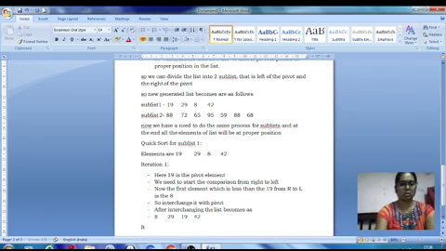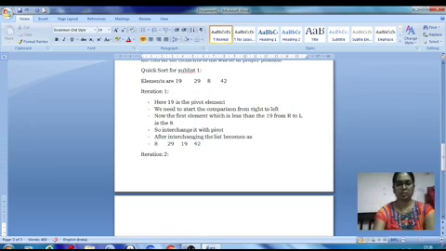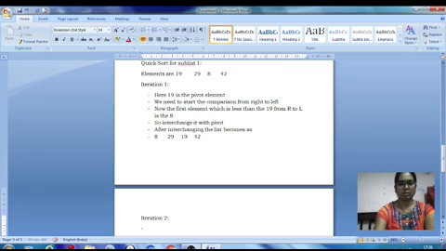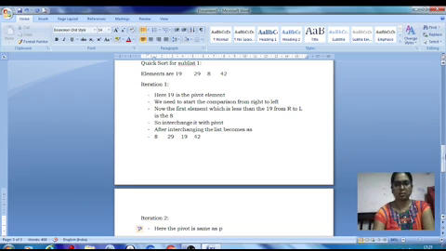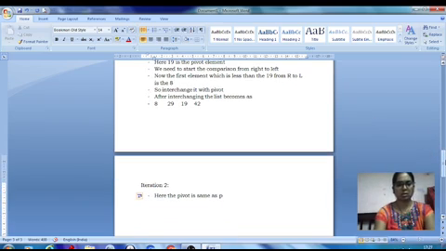Okay, so consider the iteration 2. Now here the pivot is the same as previous.